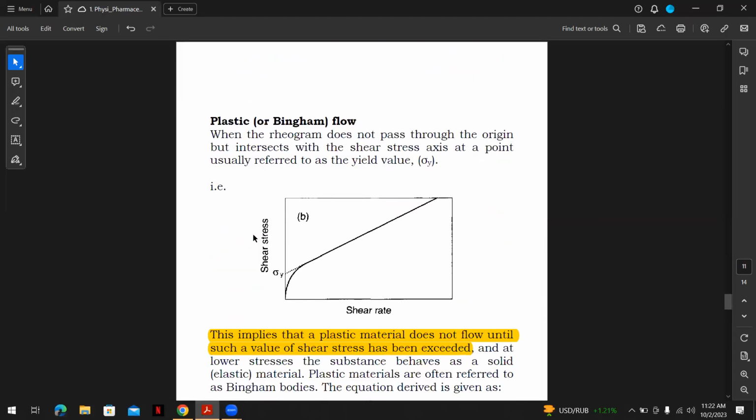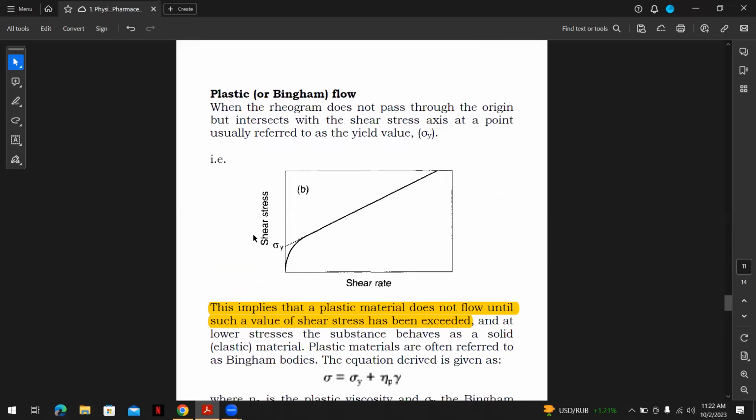For plastic flow, the only difference from Newtonian flow is that it doesn't work that way. For plastic flow, the yield value has to be exceeded. So the material won't flow until this yield value has been exceeded.